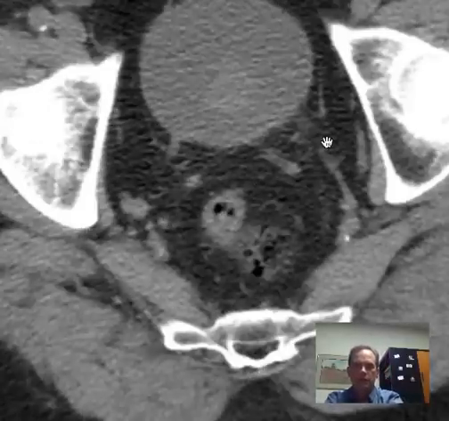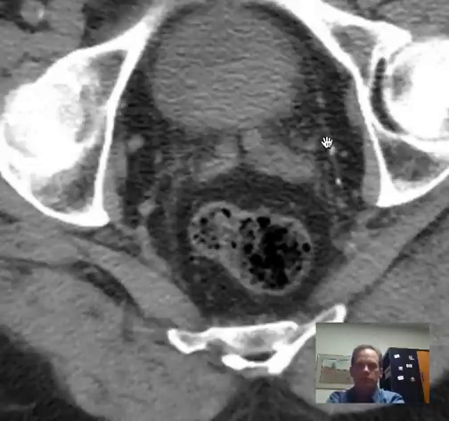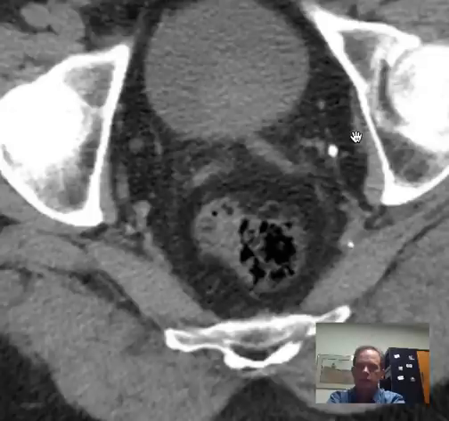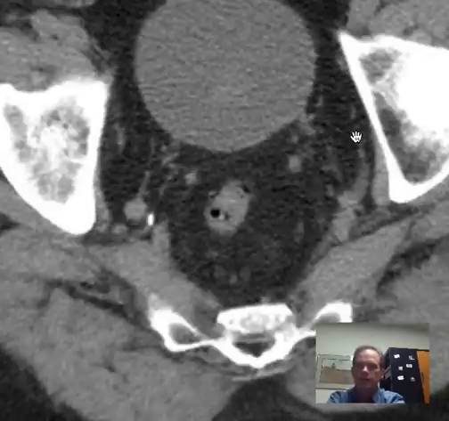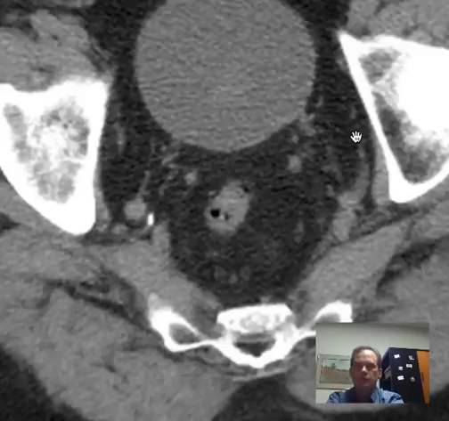And the same kind of thing happens on the other side, and it's an important skill to develop if we want to be able to look at these studies and determine if there is an abnormality related to a distal ureteral stone or some other process.